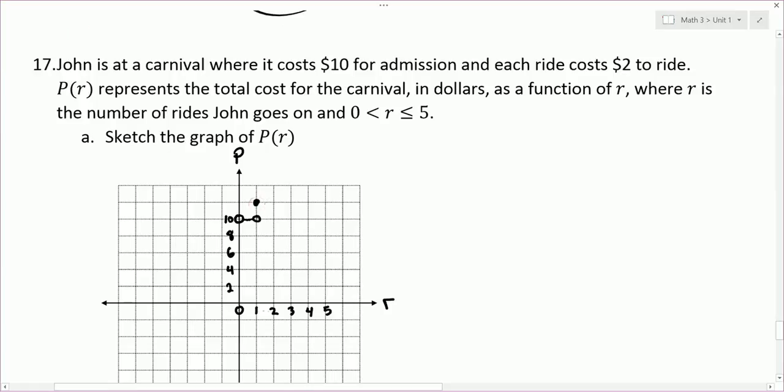Between 1 and 2, you're paying only $12. But once you get to 2, you're paying an additional $2. And then it's repeated. Jumps another 2. This is at 12, it's at 14, this is up here at 16.